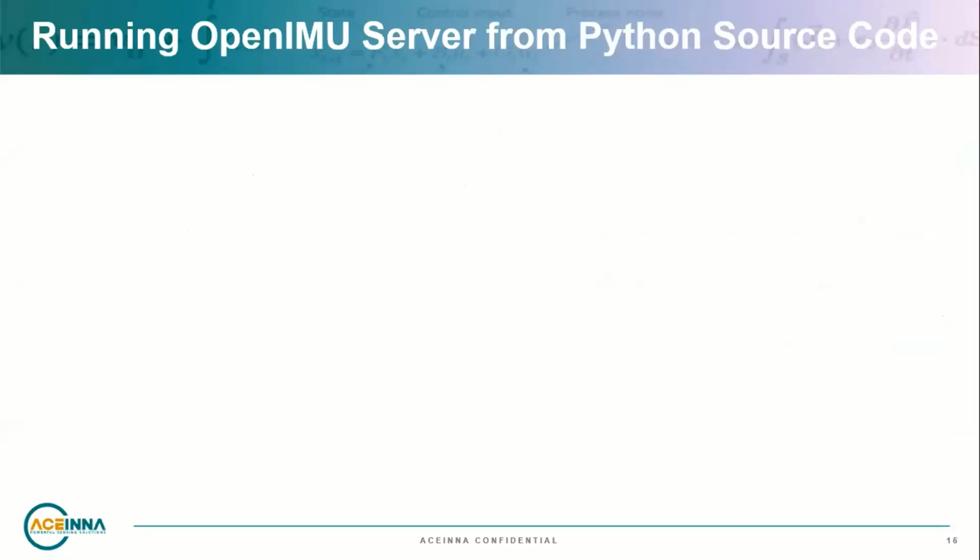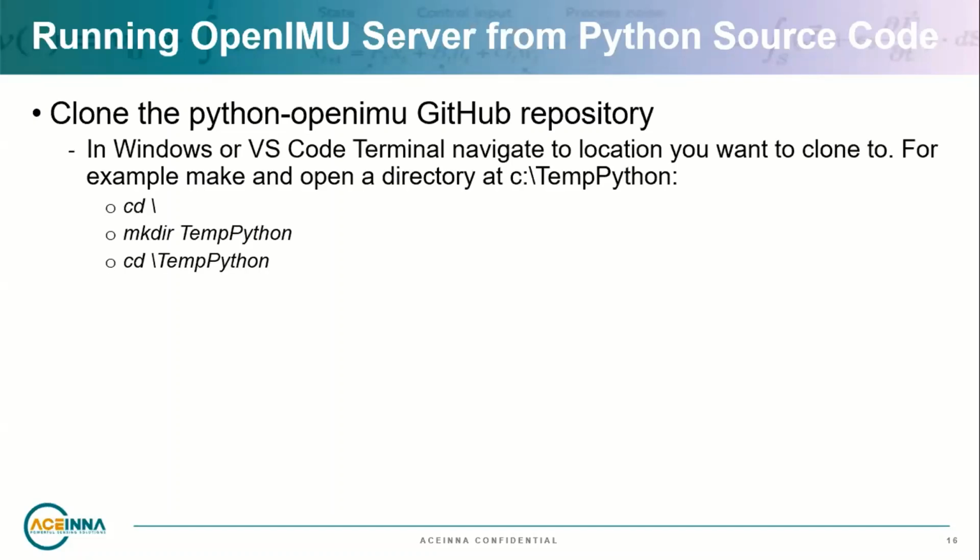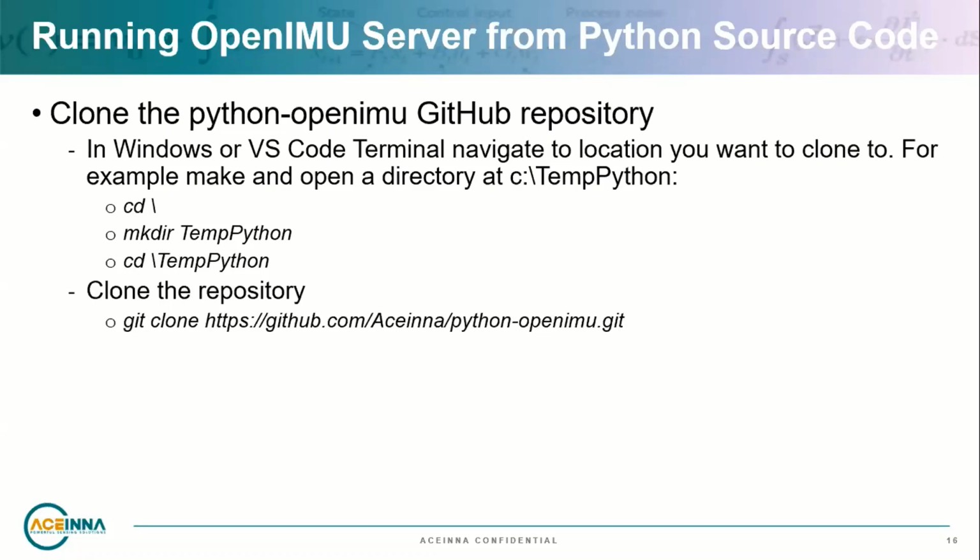The third and final way is connecting to your unit through the Python source code. You have to clone the Python OpenIMU GitHub repository. For that, you have to create a new folder and then clone the repository with the command git clone and the GitHub repository web link.